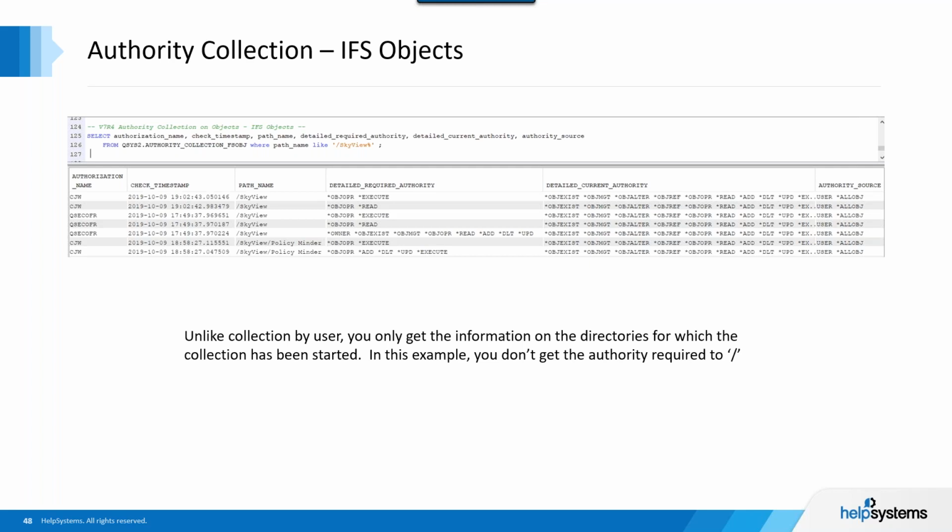Now when a profile accesses the SkyView directory, we've got it logged. In this case, it was CJW, and in some cases it was QSIC offer, and again, CJW. So now I know exactly who is accessing that directory. Again, it takes the guesswork out of it. There's really no excuse for not setting authority on directories when you can have it spelled out like this.